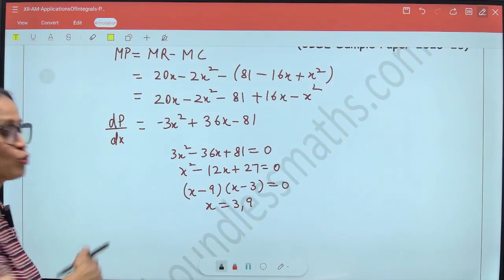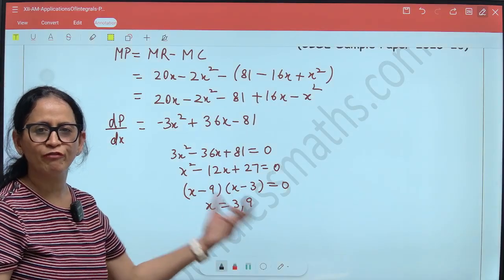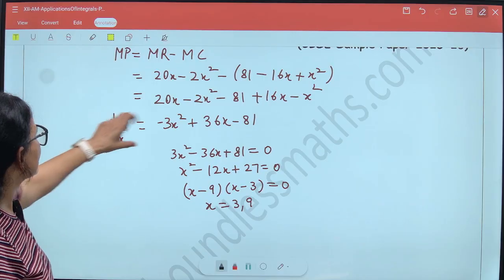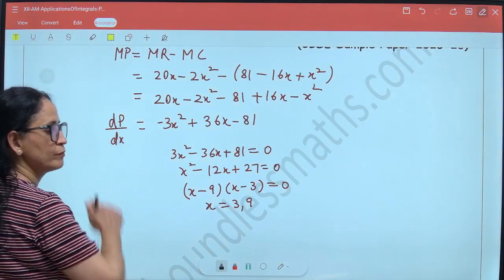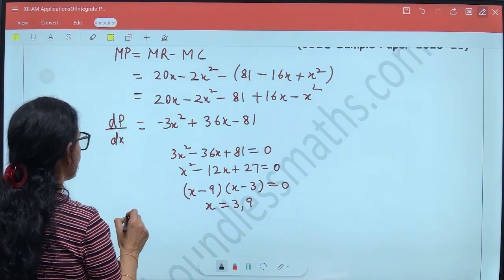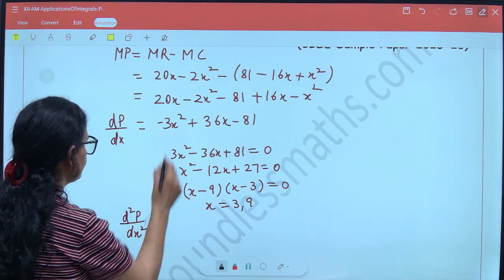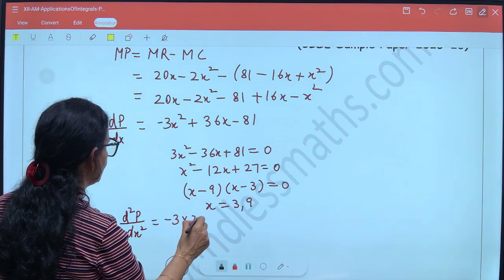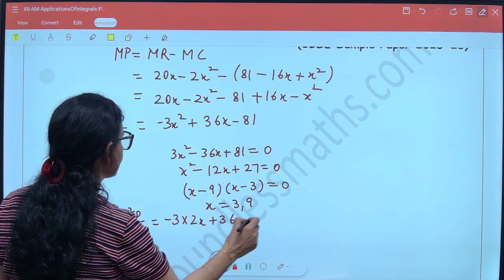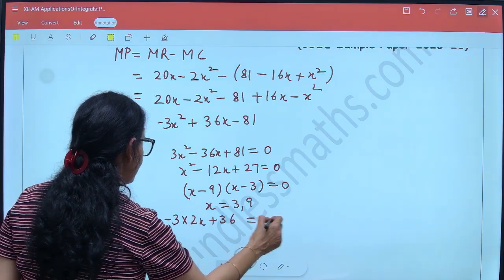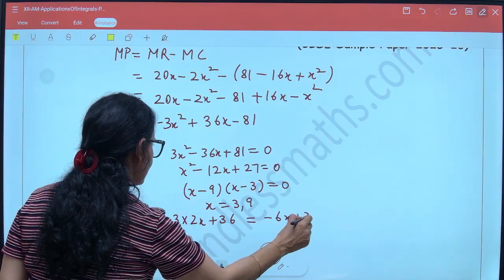Now which of these two values is going to give you maximum profit? How do we find out? We find the second derivative of the function that we have here. So if I find d square P by dx square, it is going to be minus 3 into 2x plus 36. So it becomes minus 6x plus 36.